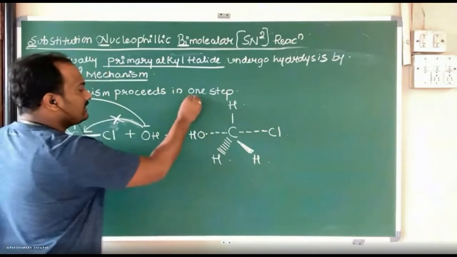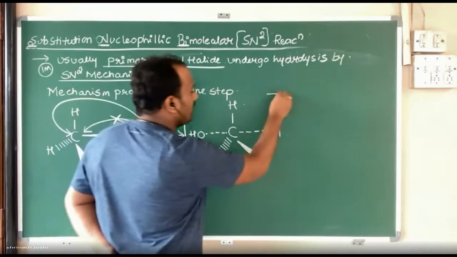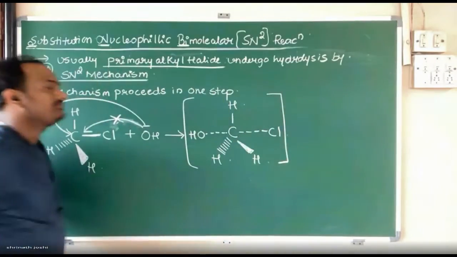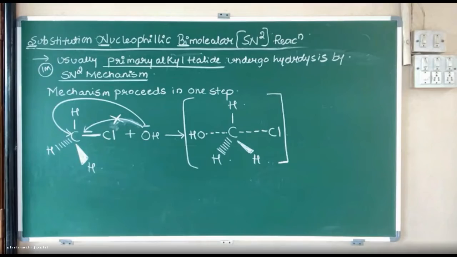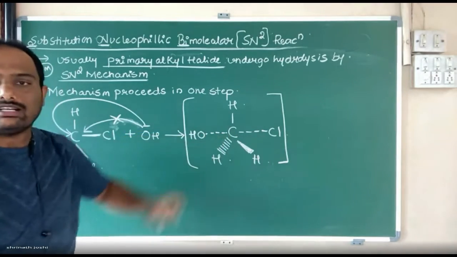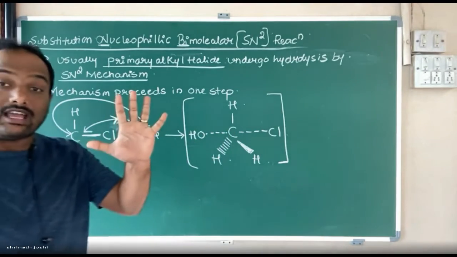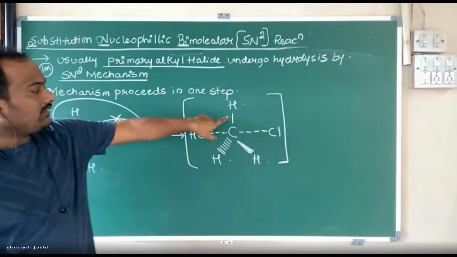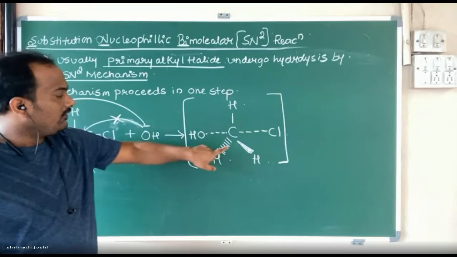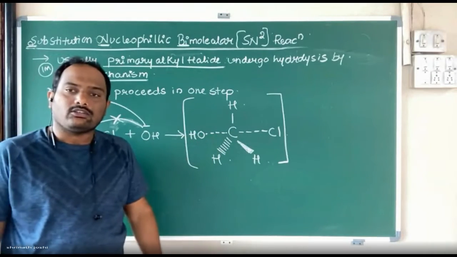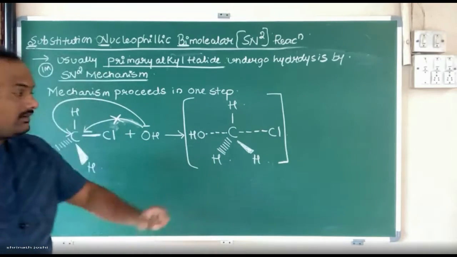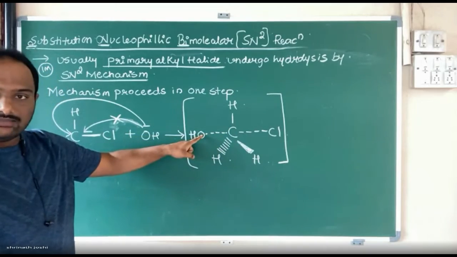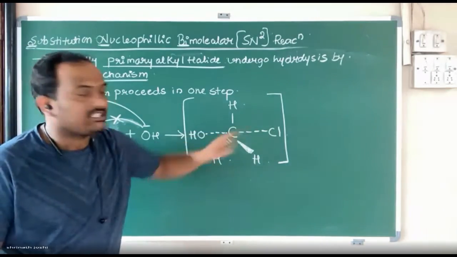Okay. Now can anyone tell me what the carbon valency is here? Count and tell. It is 5. How? 1, 2, 3, 4, 5 bonds are present, no? See here, C-OH is partially bonded, C-Cl is partially bonded.